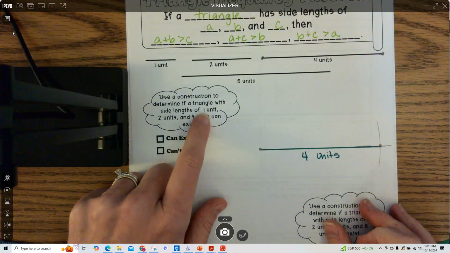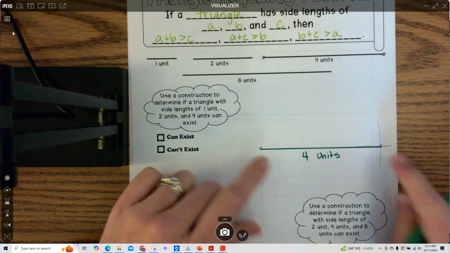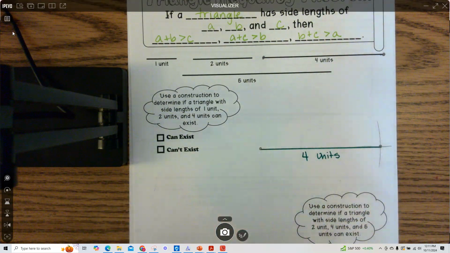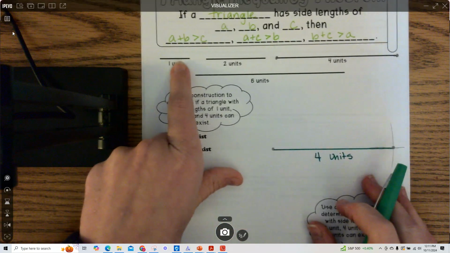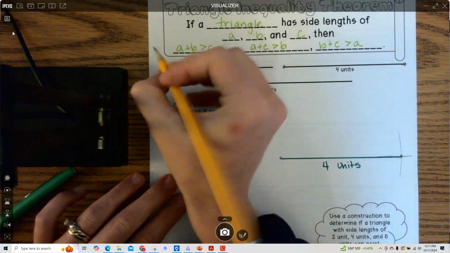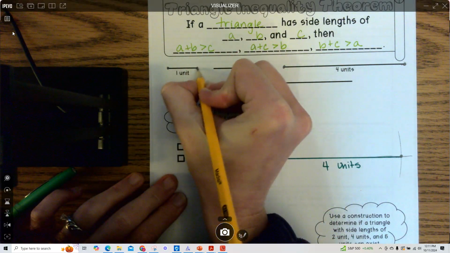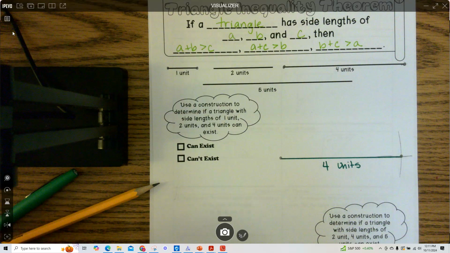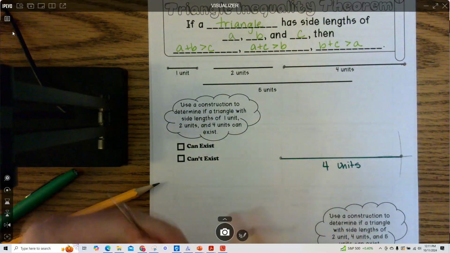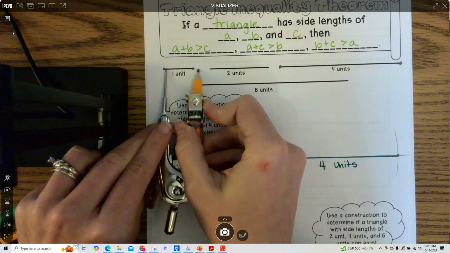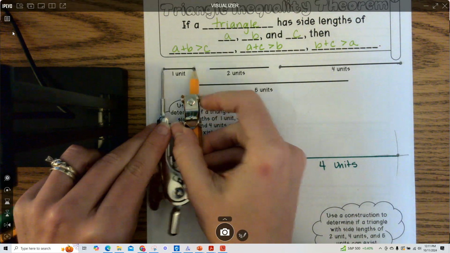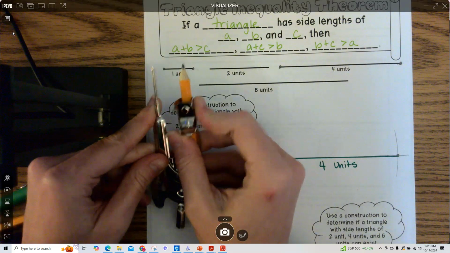All right, our other two sides are 1 unit and 2 units. So we're going to use these 2 endpoints to do that. So let's copy a 1 unit first. So again, if you need endpoints on those lines, go for it. So point on one endpoint and then the pencil on the other one.